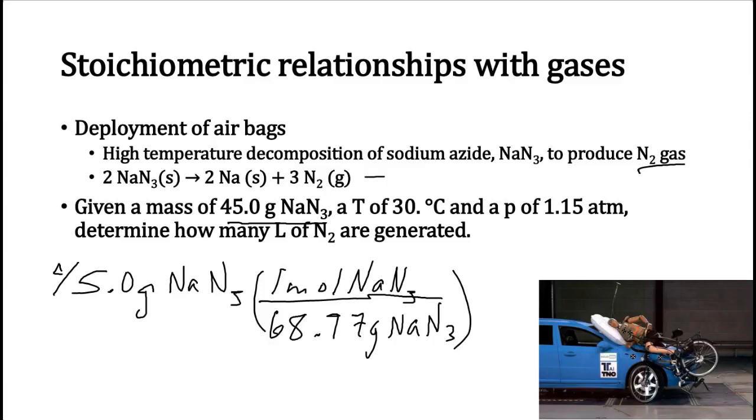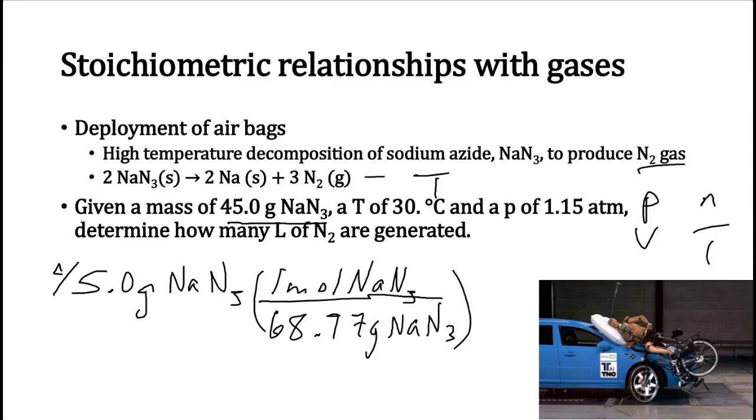If we look at the rest of the information given in this problem, it tells us that the temperature is 30 degrees Celsius, there's a pressure of 1.15 atmospheres, and we need to figure out how many liters of nitrogen are generated. If you were making a list of all the variables using the ideal gas law, we have PV and then n and T, because R is a constant.